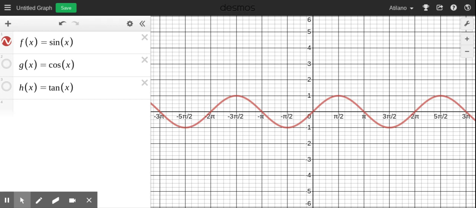So if we remember the range for sine, and actually let's make that red because we're talking about sine here, sine has a range from -1 all the way to +1. Right? And it oscillates between those two values forever and ever.